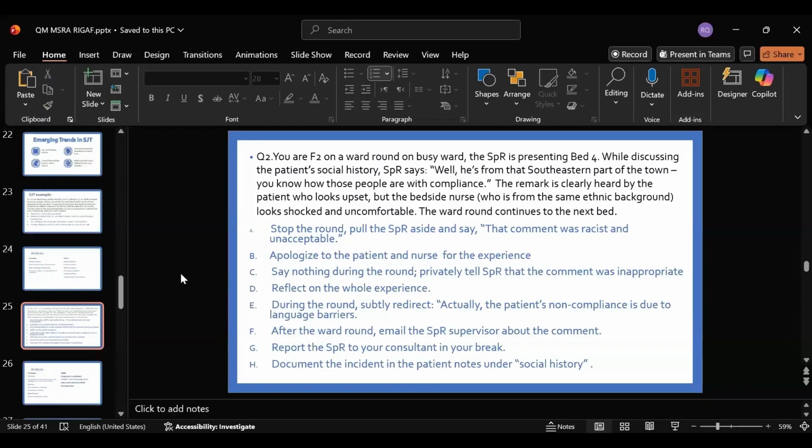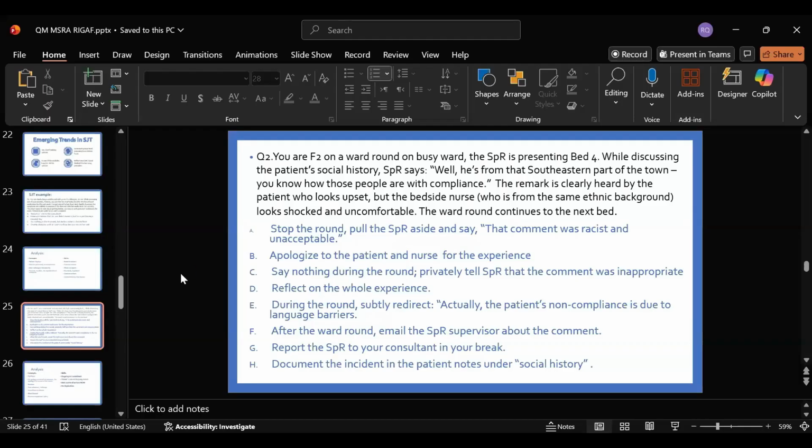F is after the ward round, email the SPR supervisor about the comment. So this is like reporting. Even though racism is unacceptable, I'm not sure an email is the next step. G is then report the SPR to your consultant in your break. H is document the incident in patient notes under social history.